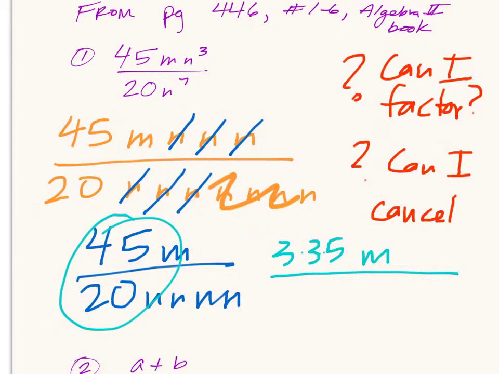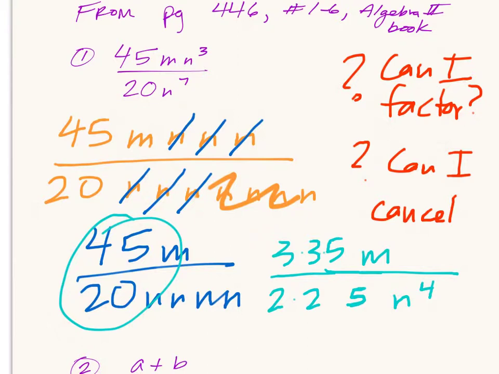20 is 4 times 5. If I'm going for prime factorization, I could make that 2 times 2 times 5, with my n to the 4th left over. Now instead of having to reduce a fraction, I have things I can cancel again.